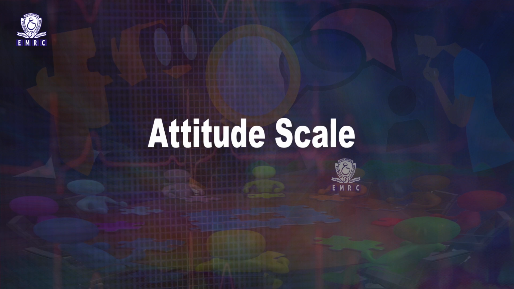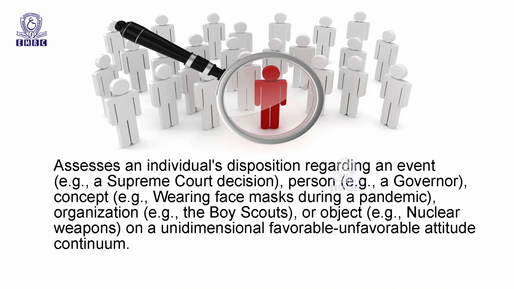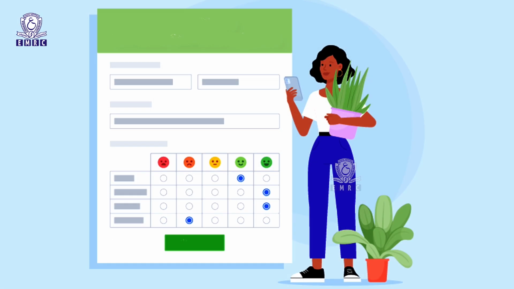Attitude scales assess an individual's disposition regarding an event, for example a Supreme Court decision; a person, for example a governor; a concept, for example wearing face masks during a pandemic; organizations, for example the Boy Scouts; or objects such as nuclear weapons, on a unidimensional favorable-unfavorable attitude continuum.